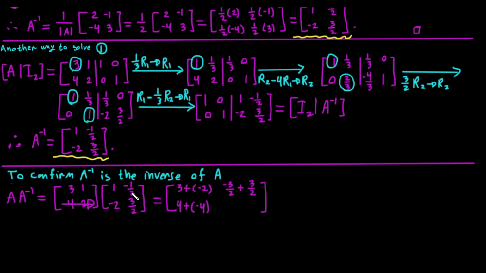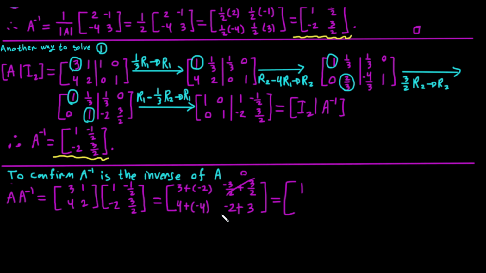Now this row by this column: 4 multiplied by negative half, which is negative 2, because 4 goes with this 2, it will be this 2, and here the negative, so it will be negative 2, plus 2 multiplied by 3/2, which is 3. 3 plus negative 2 is 1.